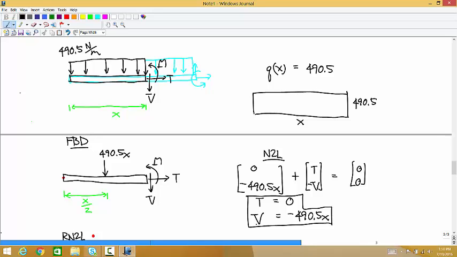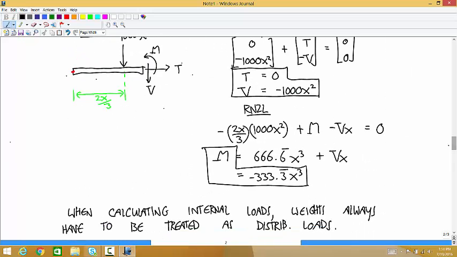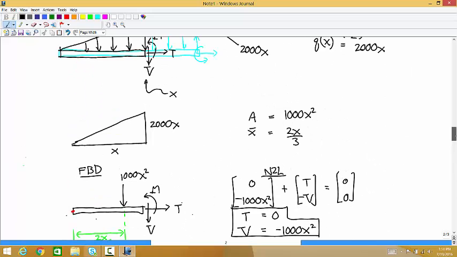Take dv/dx, you get negative 490.5. So negative dv/dx is positive 490.5, so that works. The example before, q was equal to 2000x. dv/dx is negative 2000x. Negative dv/dx is positive 2000x, so it works. Okay.